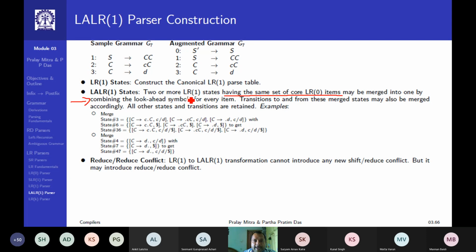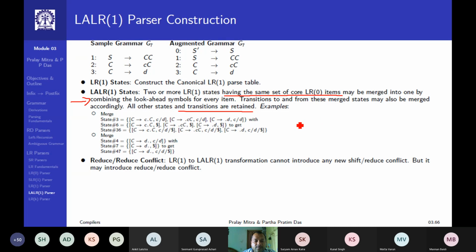Two or more LR1 states having the same set of core LR0 items, which means that we do not look at the lookahead information, whether the rest of the items are the same for two states, may be merged into one by combining the lookahead symbols for every item. Transitions to and from these merged states may also be merged accordingly. All other states and transitions are retained or remain the same.